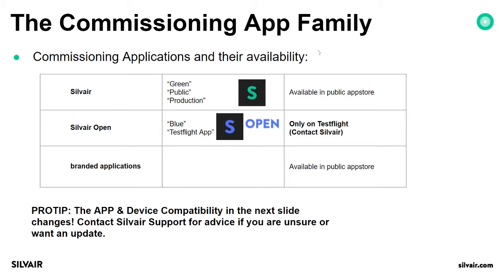Commissioning applications: you can see the first group, we have Silvair with the green letter. You can see these are available in the public app store. Silvair Open, this application is only for testing purposes. So you will need to contact Silvair support to receive such access, and there must be some justification why such access is needed.